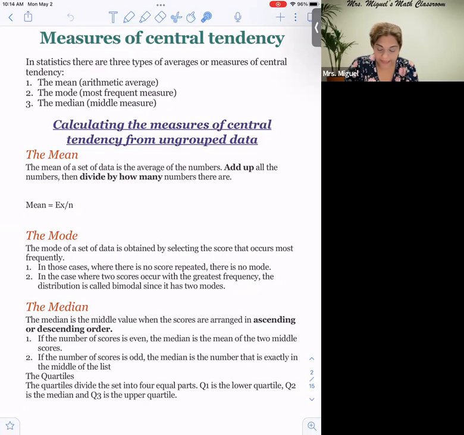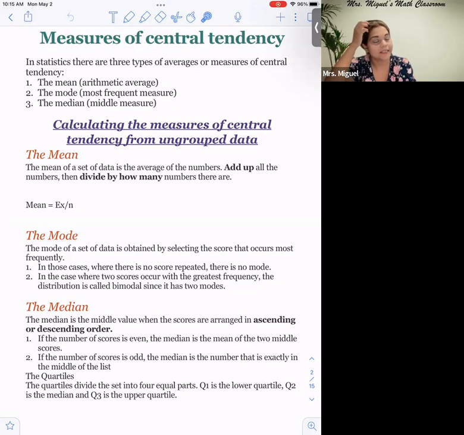The mean of a set of data is the average. What do I mean by the word average? You simply add up the numbers and then divide by how many numbers there are. And this is the formula. So here's what we are doing. If there are 30 heights of students in a class, you are simply going to add the heights of these students and divide by how many.